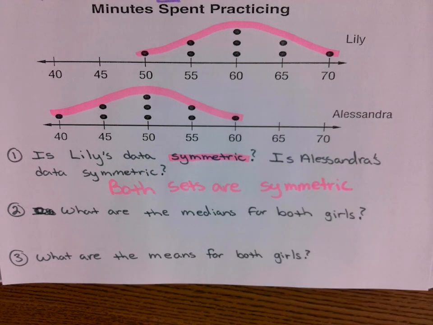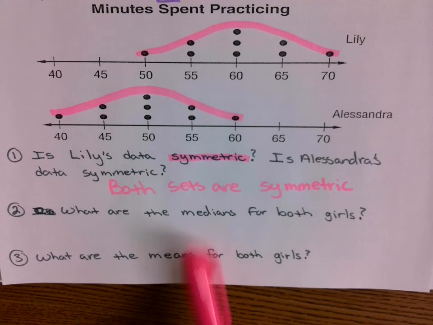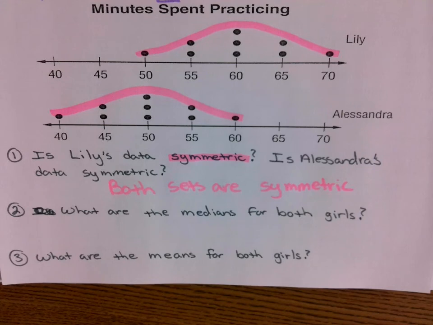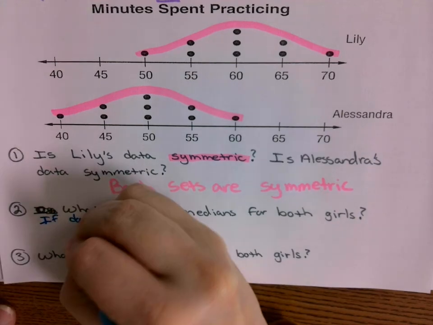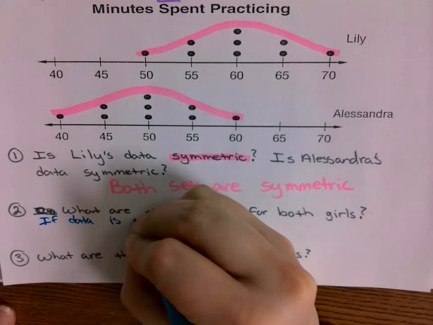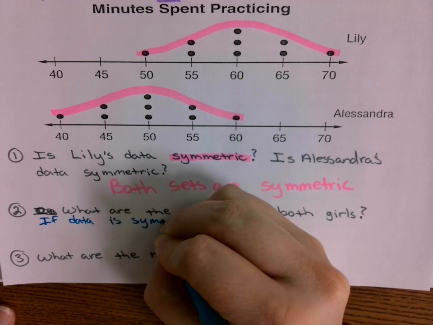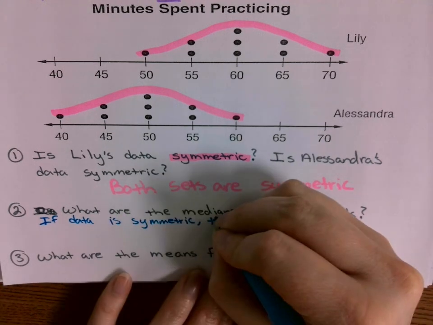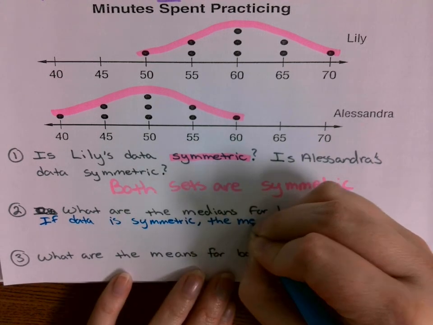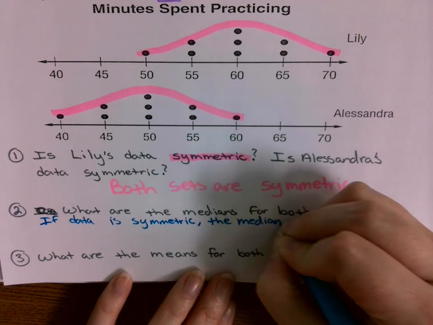When you're trying to figure out the median of a symmetric data set, make sure you write the following down. If the data is symmetric, then the median is directly in the center.